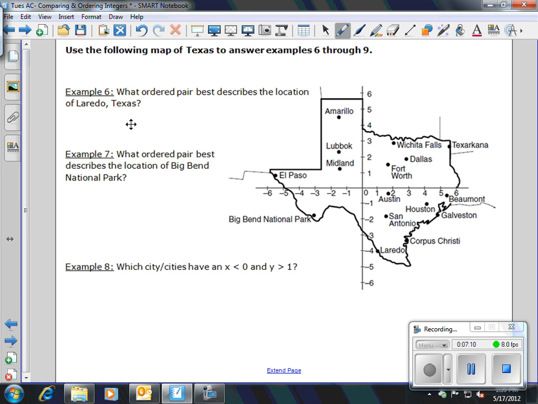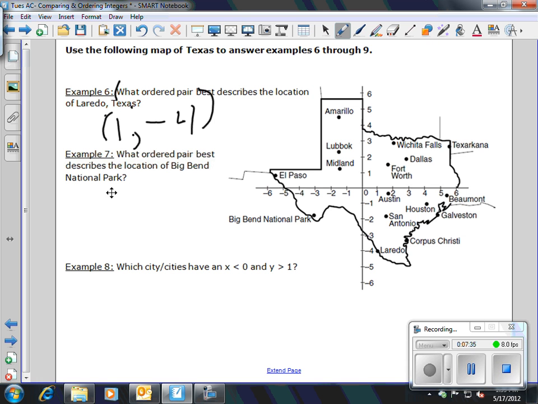And then my y value is actually at -4. Apologize, my handwriting will get better as I get used to this a little bit more.